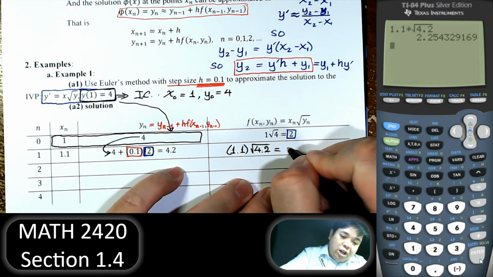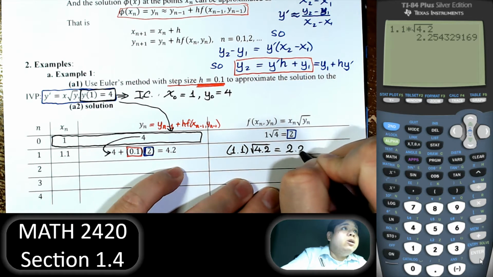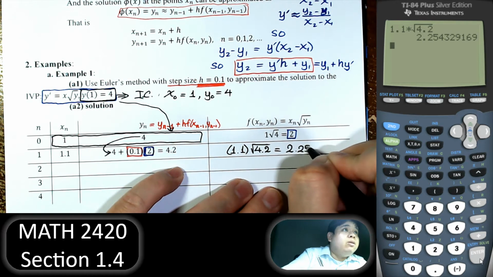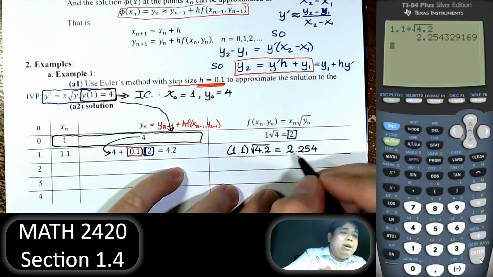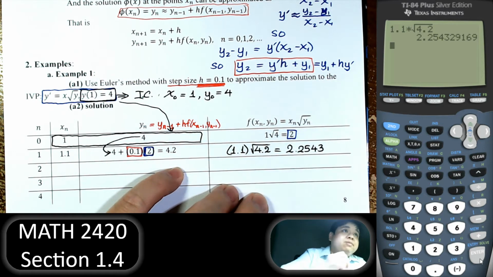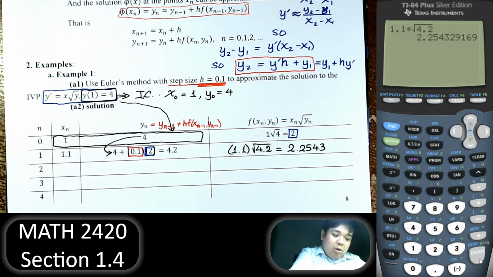Let's take 3 decimal places, 2.254. Actually, 4 decimal places. Right, so when we have x and y, we can calculate the slope.